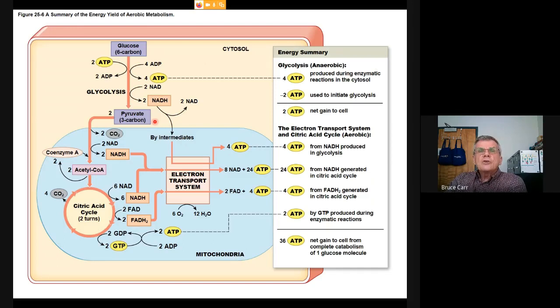So, just to make a simple point, if your cell is breaking down glucose anaerobically, it's getting roughly 2 to 4, maybe 6 in some cases with special additions, ATP per glucose. Whereas if you go over to an aerobic cell with mitochondria, every glucose is giving you 36 ATP.